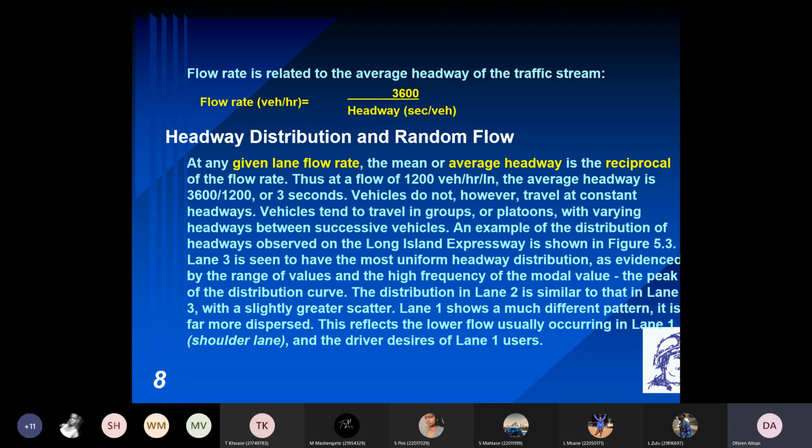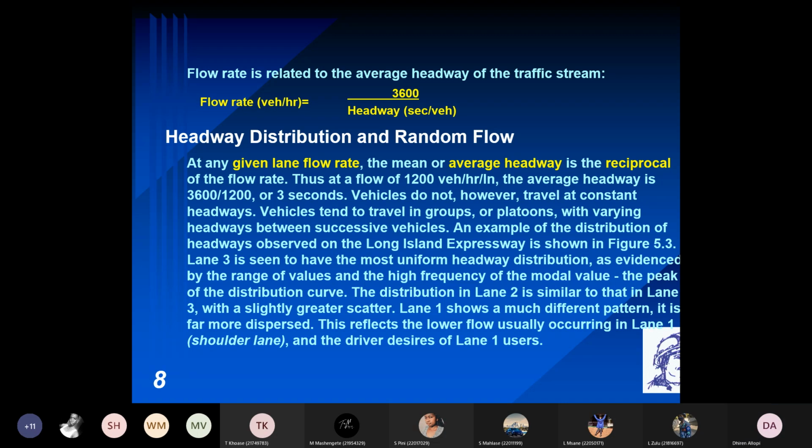If you have a headway in seconds per vehicle and you need hours, you need to convert seconds to hours, and the conversion is 3600. If I invert, vehicle gets to the top and hour gets to the bottom. That's how we get vehicles per hour. So you can see the relationship between your flow Q and your headway.